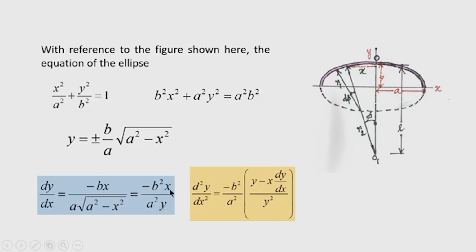Okay. Now, taking the second derivative of this expression, we can now find that the second derivative is minus b square by a square, and this x by y derivative we have to take, because both are functions of x. So, we take the derivative with the rule that we know for the differentiation of an expression which is a ratio of two functions of x. First we differentiate the numerator and then it is multiplied by the denominator.